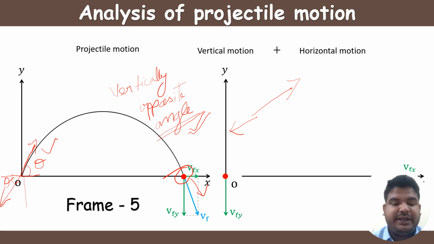As you are getting my point, now it has been cleared what is the direction of velocity at crucial points. Like four cases we have seen earlier: the start, the end, at the top, and somewhere in the middle.